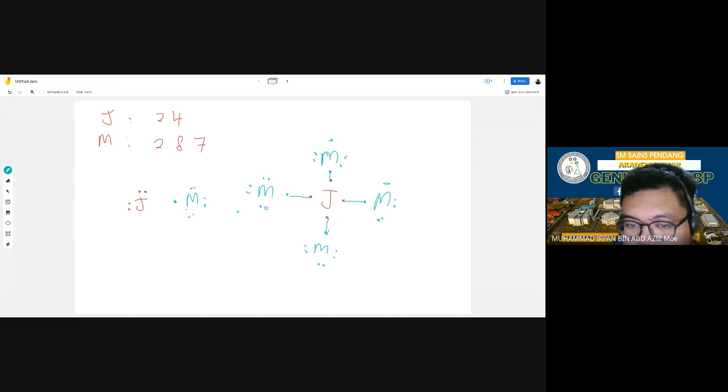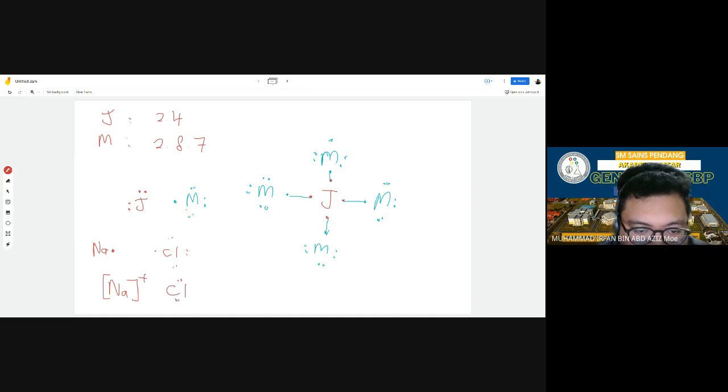Kalau permanently, macam contohnya NaCl. Okay, Na kan ada 1, while Cl has 7. Okay, macam tu. So kalau permanently, Na ni akan transfer to Cl.